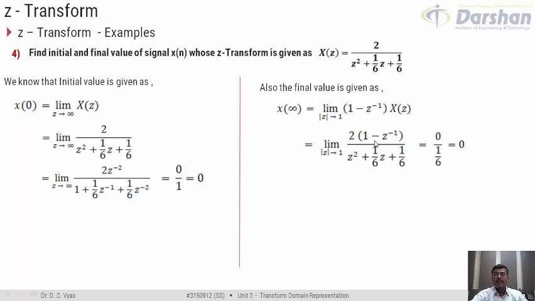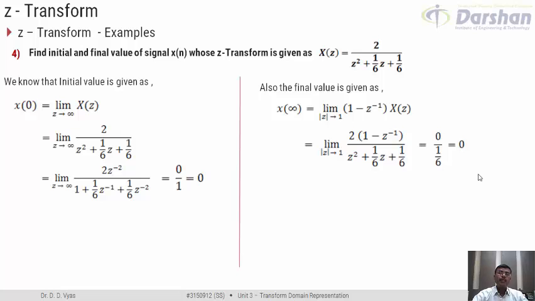We find that if we substitute the value of z to be equal to 1, this term basically becomes equal to 0, whereas in the denominator I am left with 1 by 6. However, 0 divided by 1 by 6 is nothing but 0.